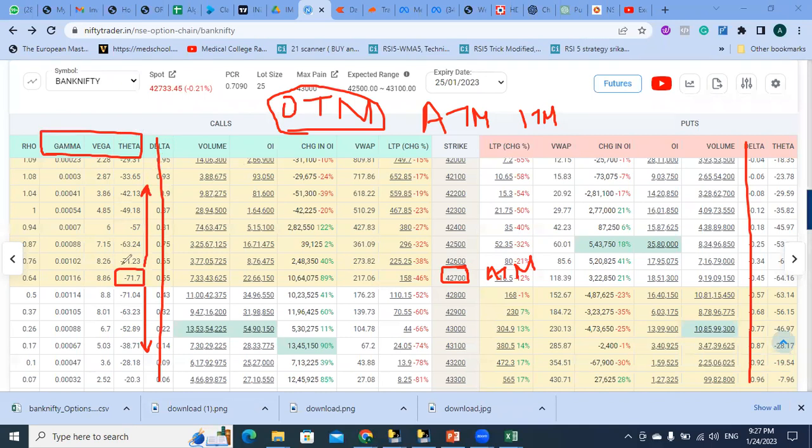Not only theta, if you see even vega, then what is happening? The effect of vega is maximum at the money. What does this mean? This means, imagine that Bank Nifty goes from 42,733 to 42,833. So what will happen?